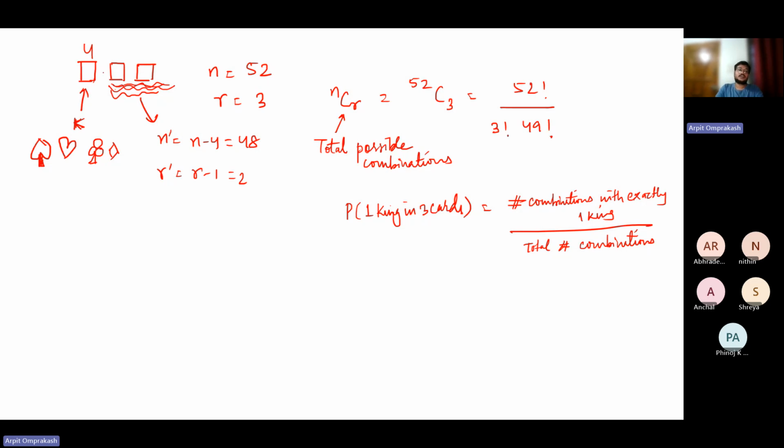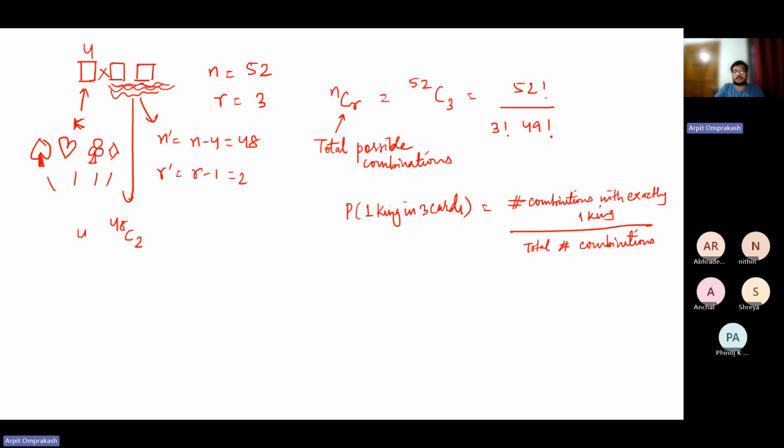That is the total number of combinations in which these two cards can be chosen. And that we then need to multiply with the first thing that we had, which is 4. So this will be 48C2. There are 48C2 different ways of choosing these combinations, and then each combination can be mapped with a king from either of these 4 suits.